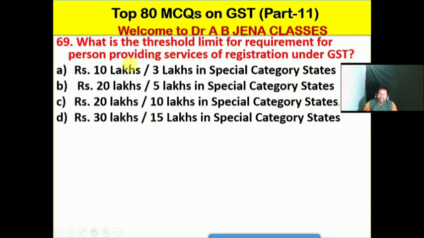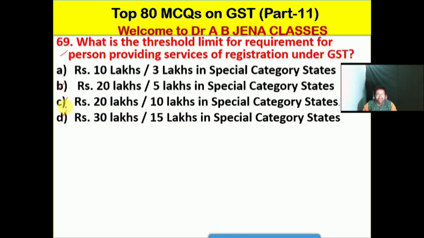So next one we will see: what is the threshold limit for registration requirement for persons providing services under GST? A, it's rupees 10 lakhs or 3 lakhs in special category states. B, it's rupees 20 lakhs or 5 lakhs in special category states. C, it's 20 lakhs or 10 lakhs in special category states.